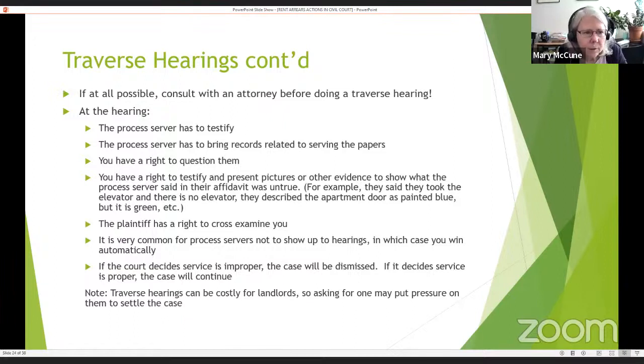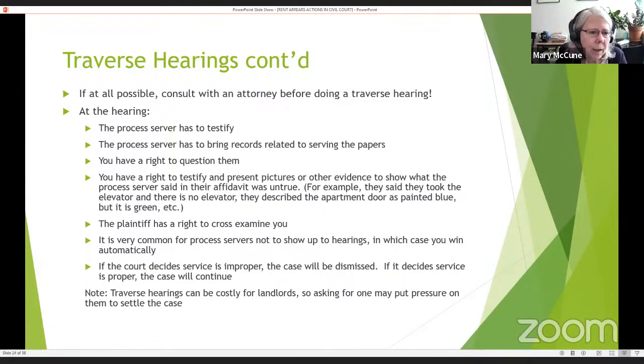If there was a court case, they were never served, they didn't show up, a default judgment was entered against them, and then they find out years later when their bank account is frozen that there's a judgment. In those cases, maybe the process server wouldn't have the papers anymore, but what we're focusing on here is really cases that are being filed now. If you were served in like 2023, the person's still going to have the paperwork if there's a hearing in 2023.